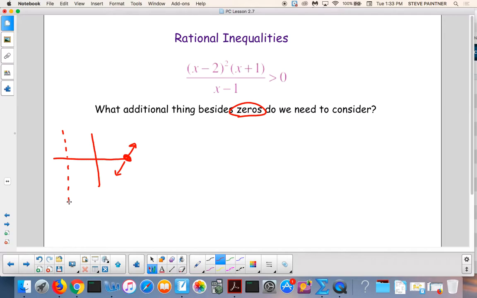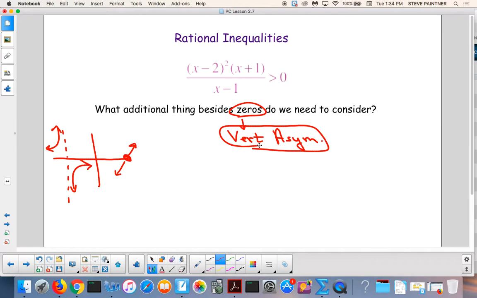Because look, on this side, you might have only positives. On this side, you might have what? Only negatives. So what's really important are your zeros and what else? Vertical asymptotes. Okay? These are really important too.